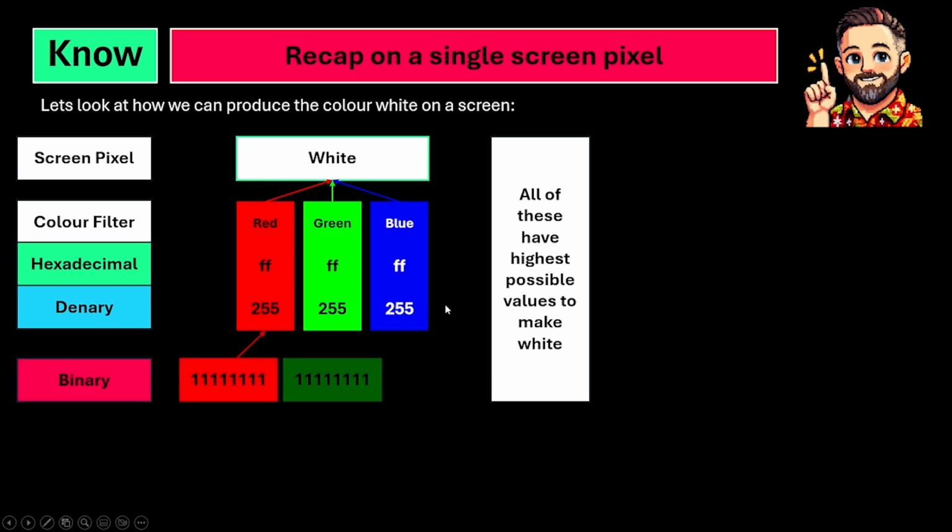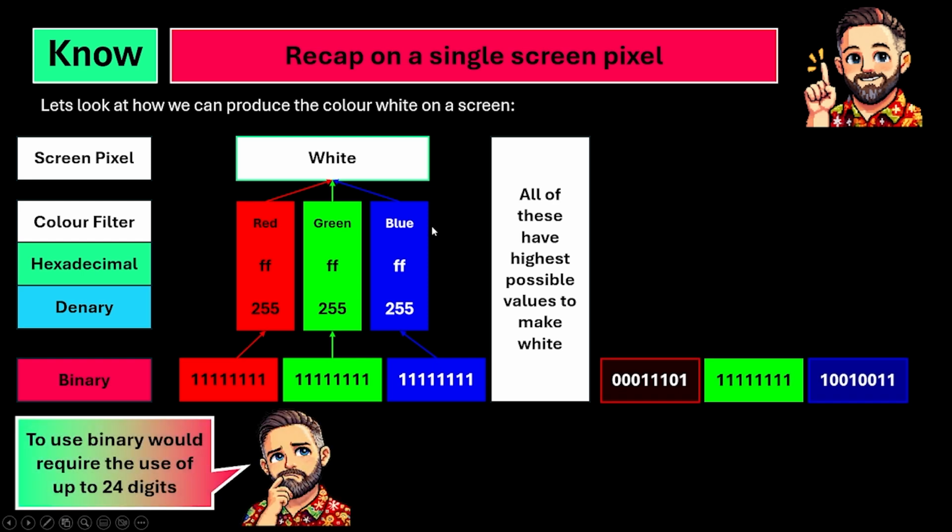And in binary, this is represented by the highest byte, 11111111. All of these are up to their highest value, and that's how we get the colour white when they're overlaid.